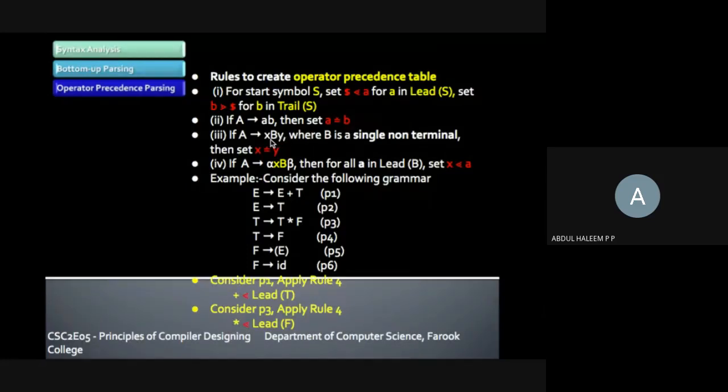X is a single terminal, Y is a single terminal, and between X and Y there is a single non-terminal B. In such a case, X and Y are of equal precedence, X equals Y. So if you're clear with the rule, please note down: if A derives XBY, where B is a single non-terminal, then set X equal to Y. I hope you have written this.